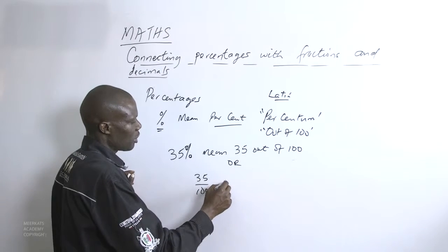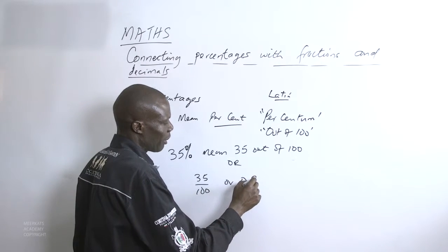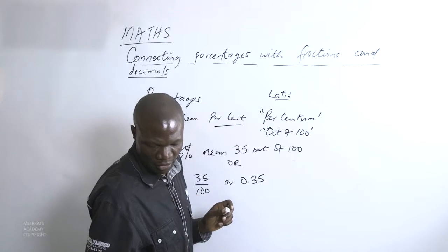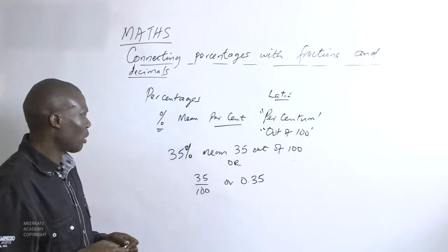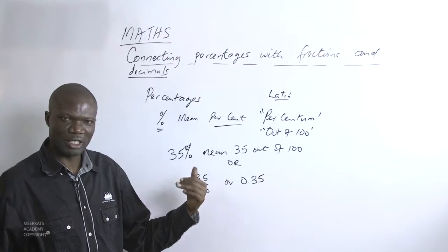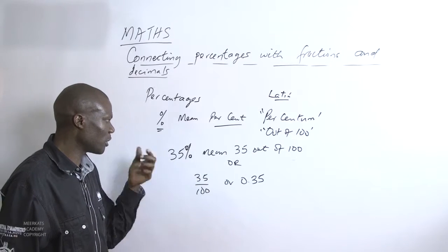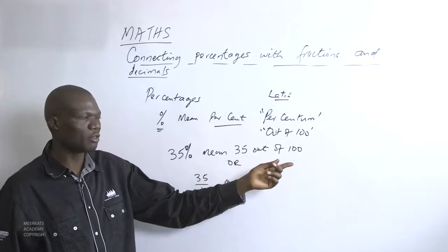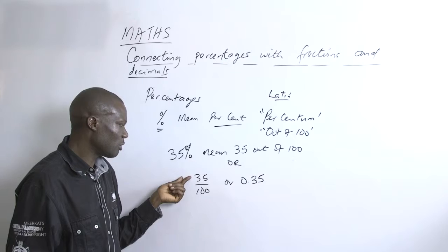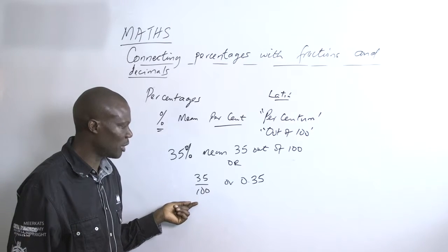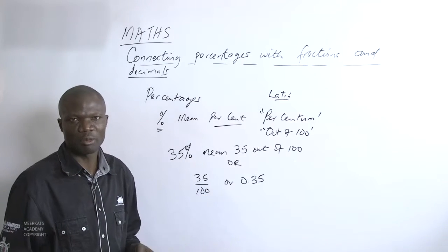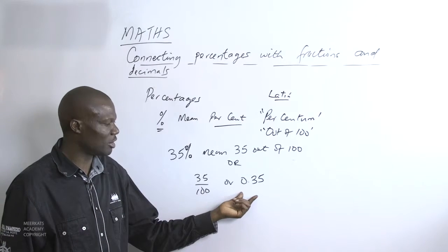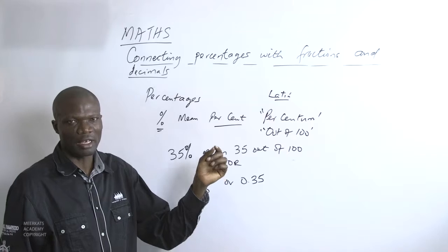Or we can also say 0.35. So in all this we are just expressing the same value. 35% is equivalent to 35 out of 100, or 35 over 100, or 0.35. Remember, this is equivalent to 35 hundredths.